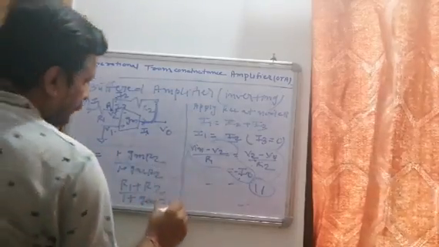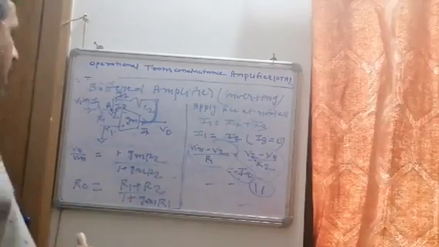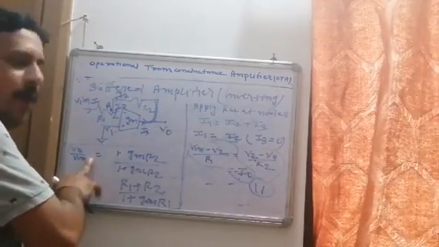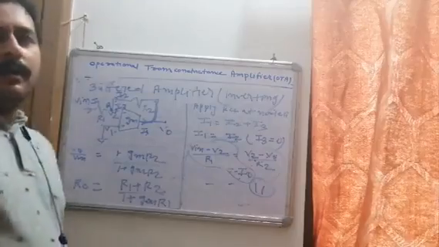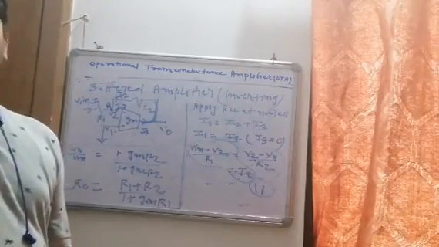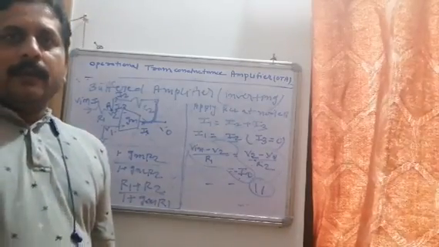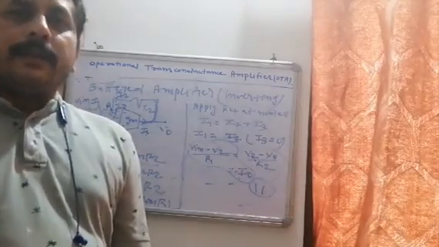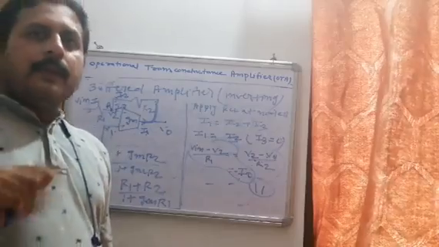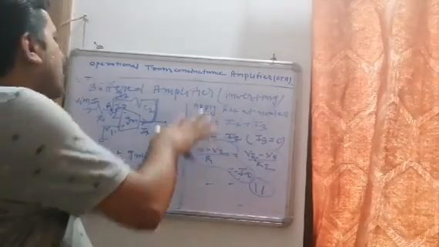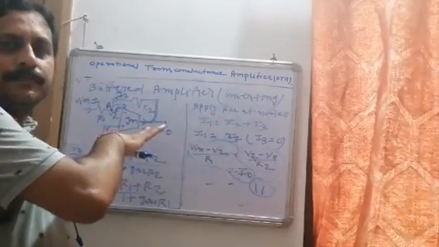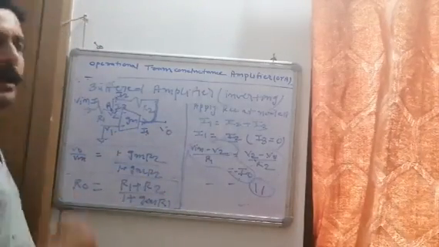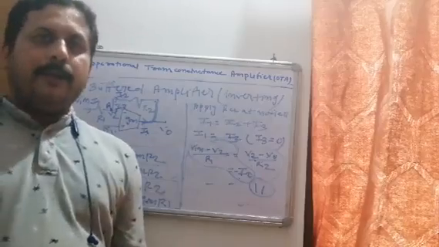So look here, output impedance as well as voltage gain does not depend upon output load impedance RL. So the problem that arises in open loop configuration of OTA can be solved in closed loop configuration, because output impedance R naught does not depend upon load impedance RL.